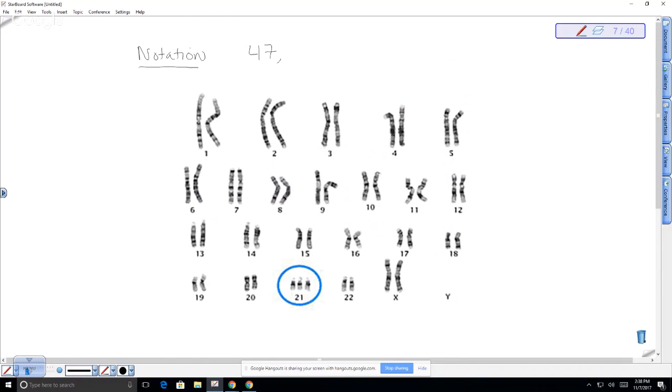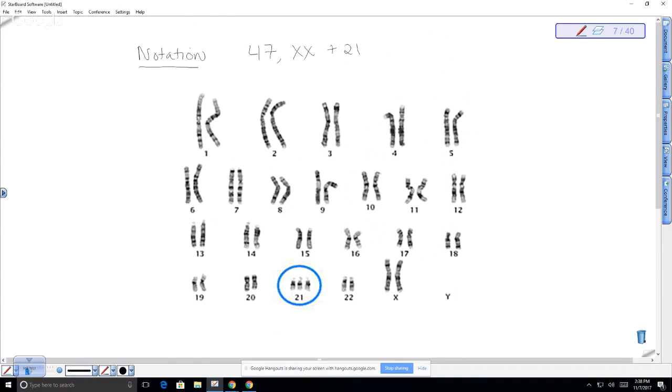And then I'm going to put the sex. This one obviously is a female. And then I'm going to put plus 21. So that is an individual that is a female with an extra 21st chromosome.